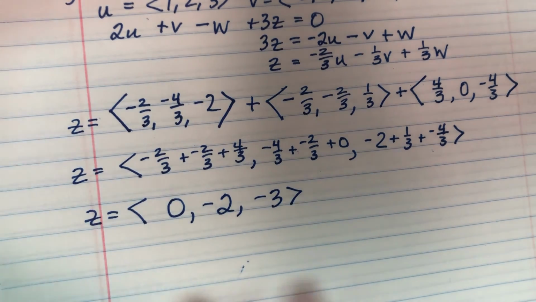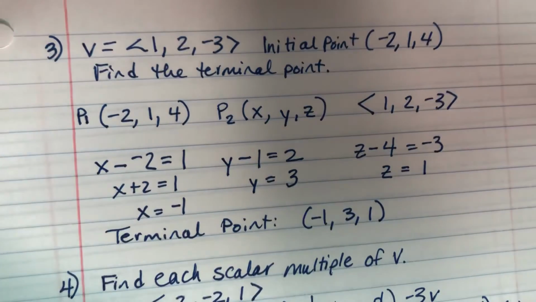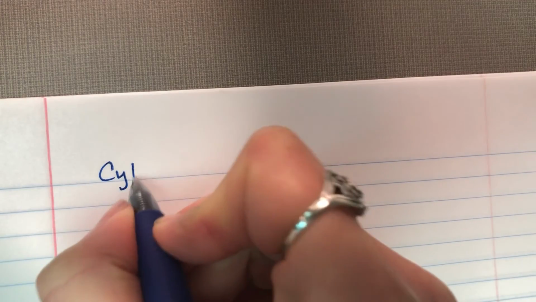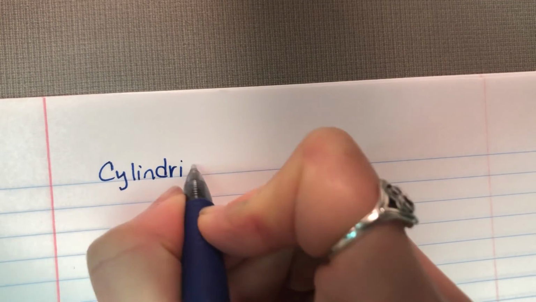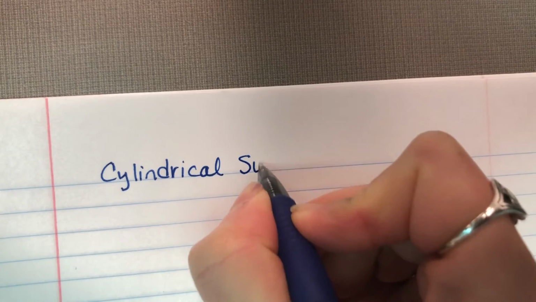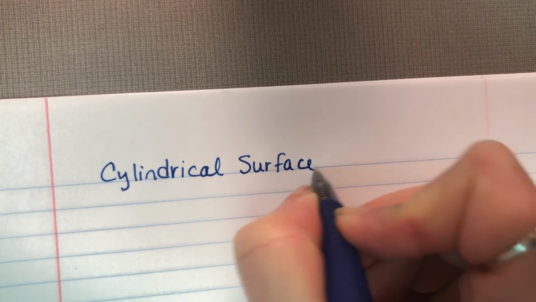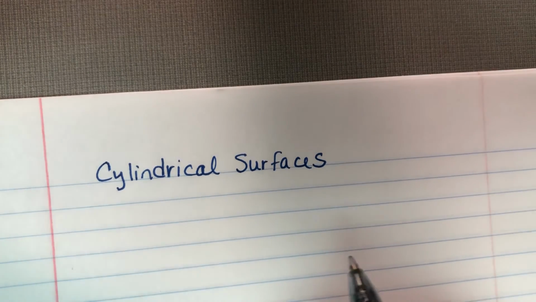All right. The next part of today's lesson is called Cylindrical Surfaces. What we're going to be doing here is creating graphs in 3D of different equations that we are given.